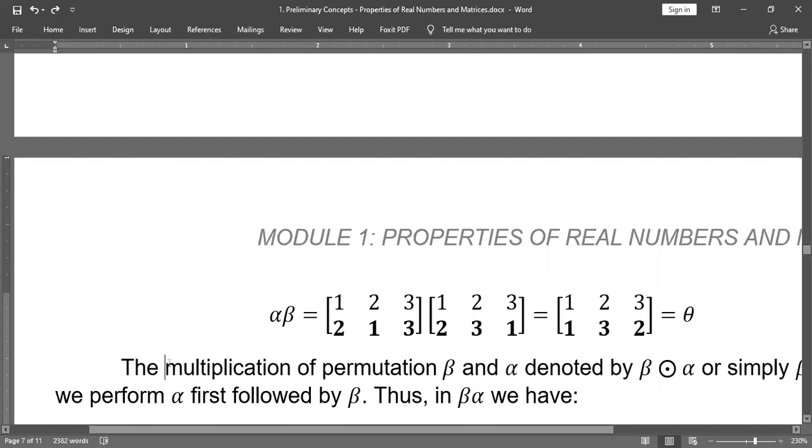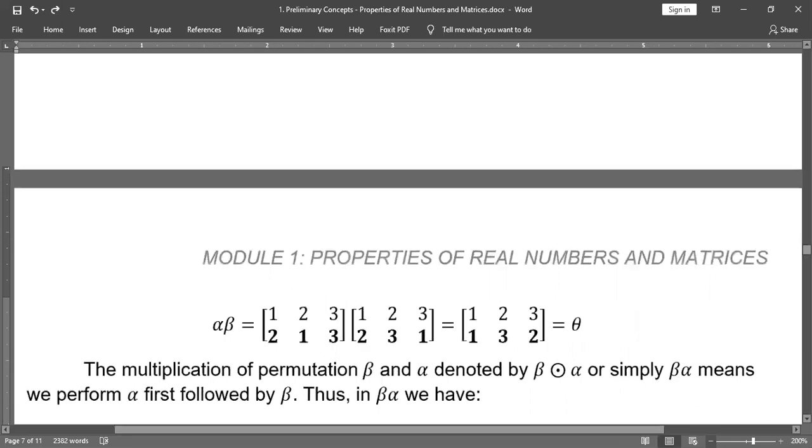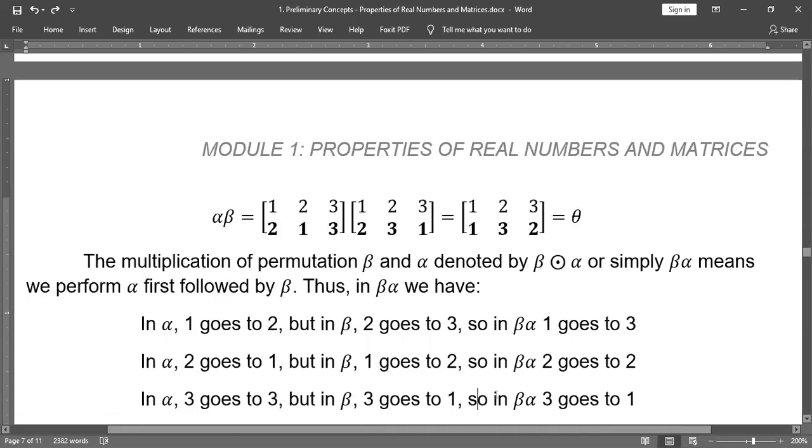So, ayan. The multiplication of permutation beta and alpha, denoted by symbol or simply beta alpha, means we perform alpha first followed by beta. Tignan natin kung pareho yung solution. Okay, mali. Hindi siya.